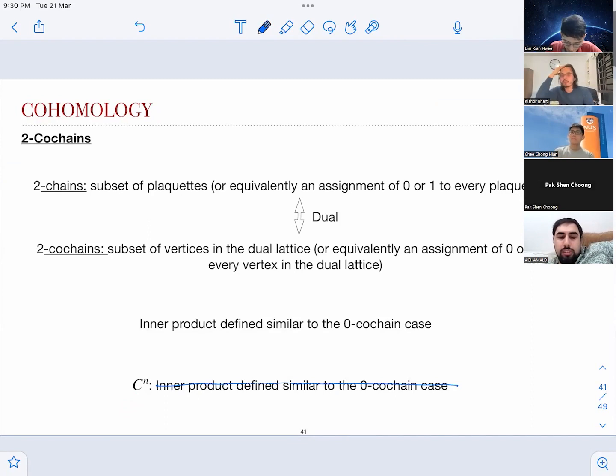You can think of the chains as kets, and C^n as bras. When you take the inner product of an element of a chain with an element of a cochain, it should give you an element of Z2, because we are interested in Z2 homology and cohomology. So it's just a dual object.